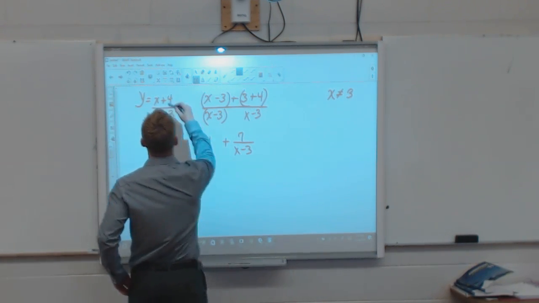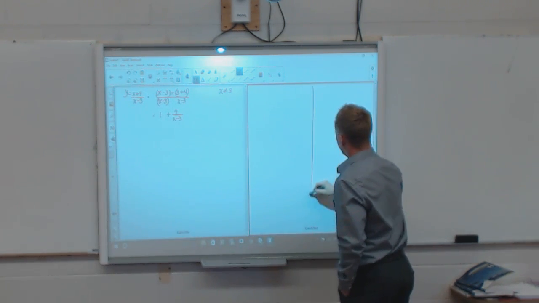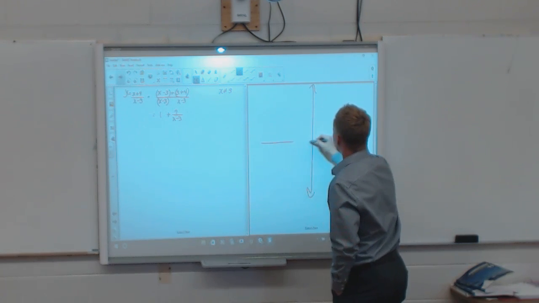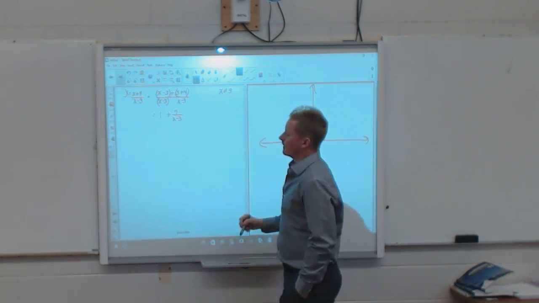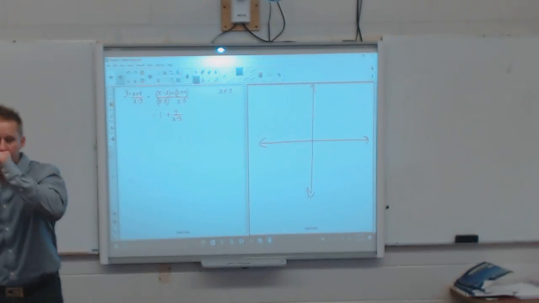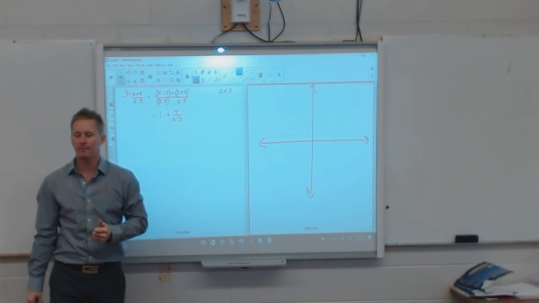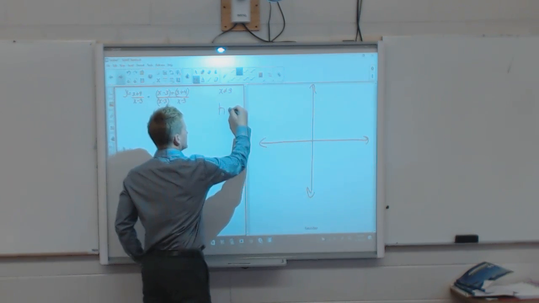So if we were to graph this, let's just focus on our asymptotes. That's all I want to focus on. Because right now I'm telling you that the x value of the asymptote is 3, the y value is 1. Well, what is my h in this question?